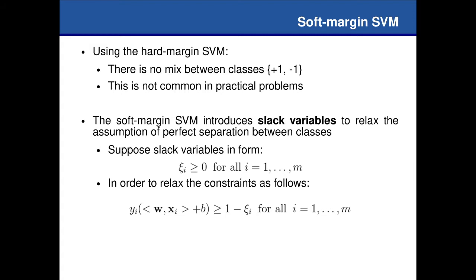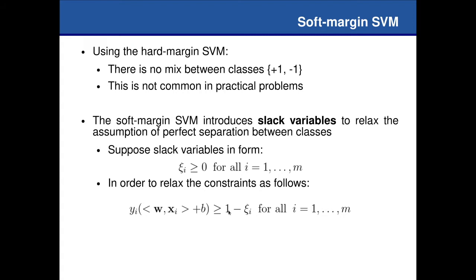To solve that, all constraints will consider some relaxation over here. Take a look. Some relaxation. This relaxation makes it possible that instead of being greater than or equal to 1, each constraint could be greater than or equal not exactly to 1, but to a smaller value.